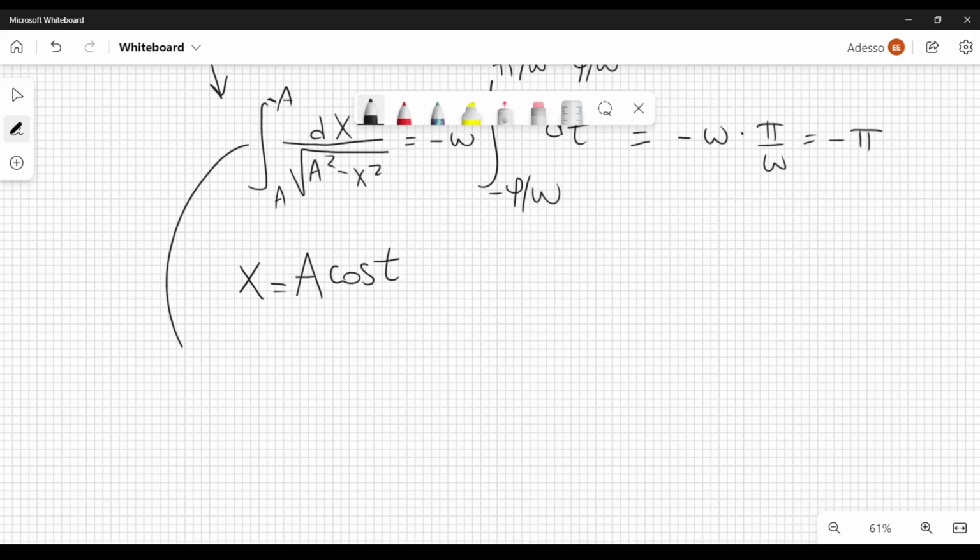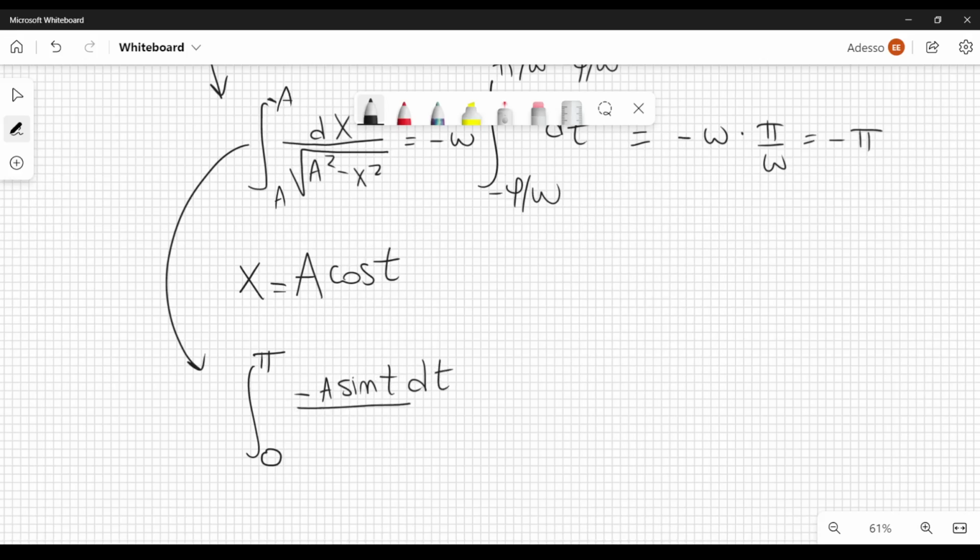If we make this substitution, when x is equal to A, the cosine of t should be equal to 1, so t should be equal to 0. Whereas when x is equal to minus A, the cosine is equal to minus 1, so we integrate from 0 to pi.